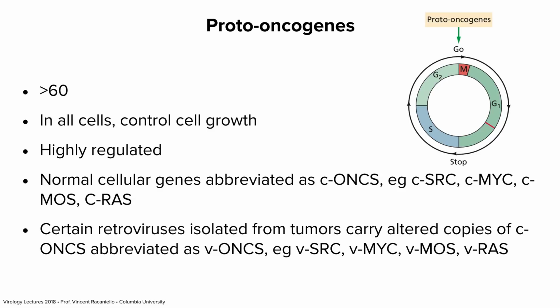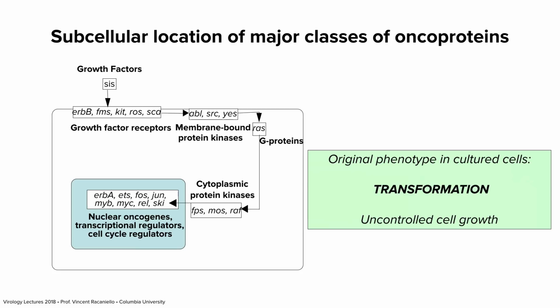So these are proto-oncogenes. And if you look at all of these genes and what they encode, that's shown here. They encode the entire signaling pathway that regulates cell division, the control of mitosis.